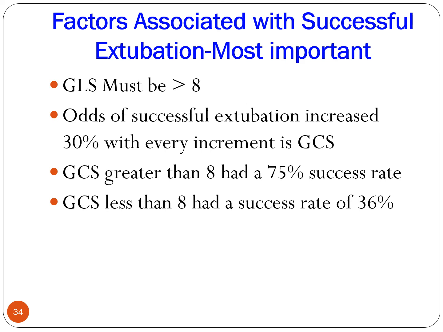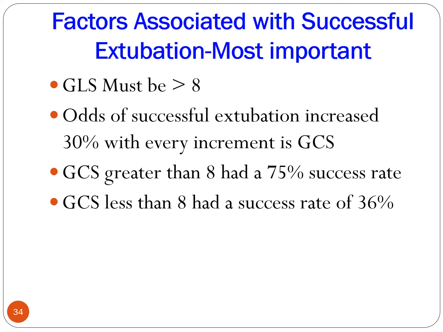So factors, again, associated with a successful extubation, the most important factor is Glasgow Coma Scale greater than 8. The odds of a successful extubation increase 30% with every increment of a Glasgow Coma Scale. So what that means is if you had a Glasgow Coma Scale of 9, it was good. But if you had a Glasgow Coma Scale of 10, you had a 30% increase of extubation success.